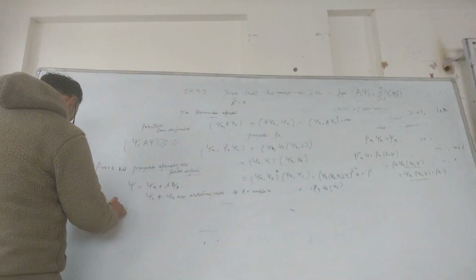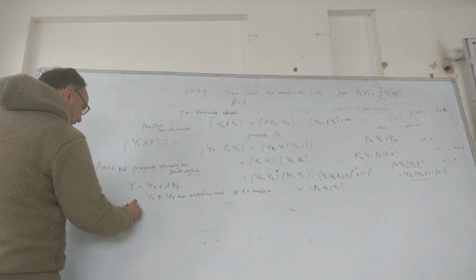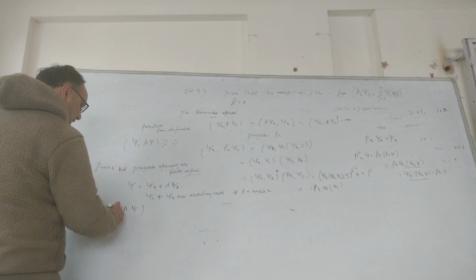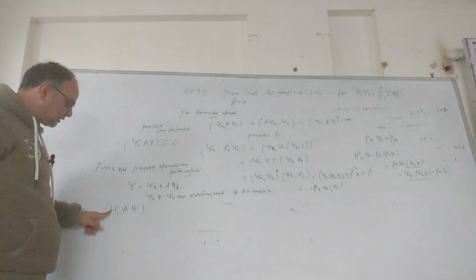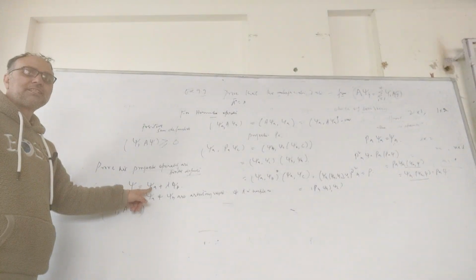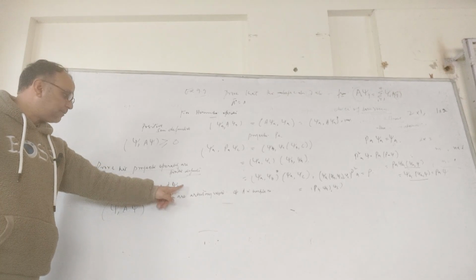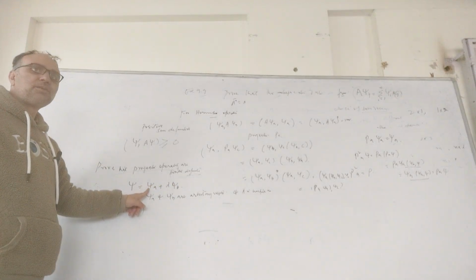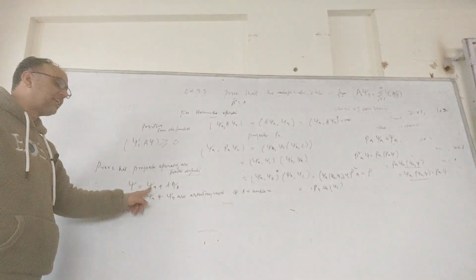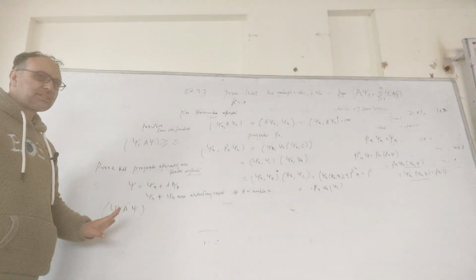So how will we write psi? Psi is basically psi A plus lambda psi B. So we write psi normally, with lambda, and then also the conjugate of psi. So we get 4 terms here.